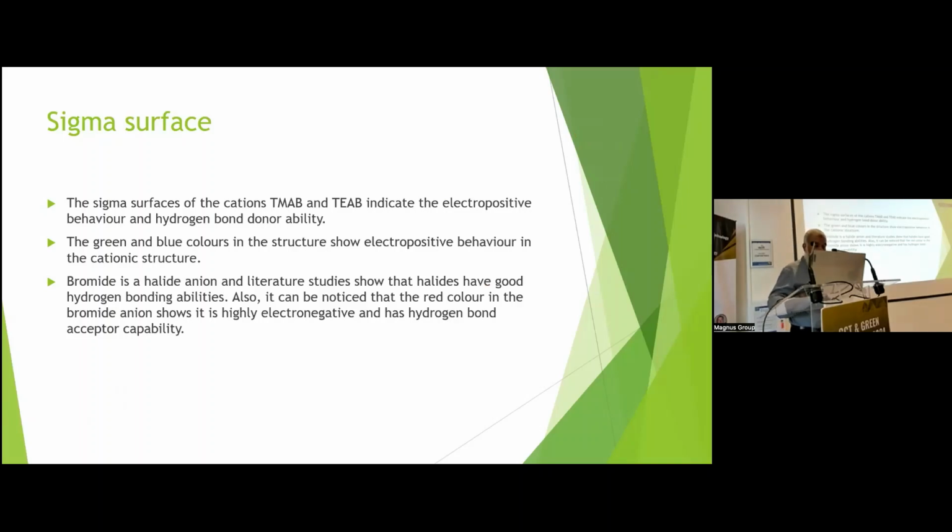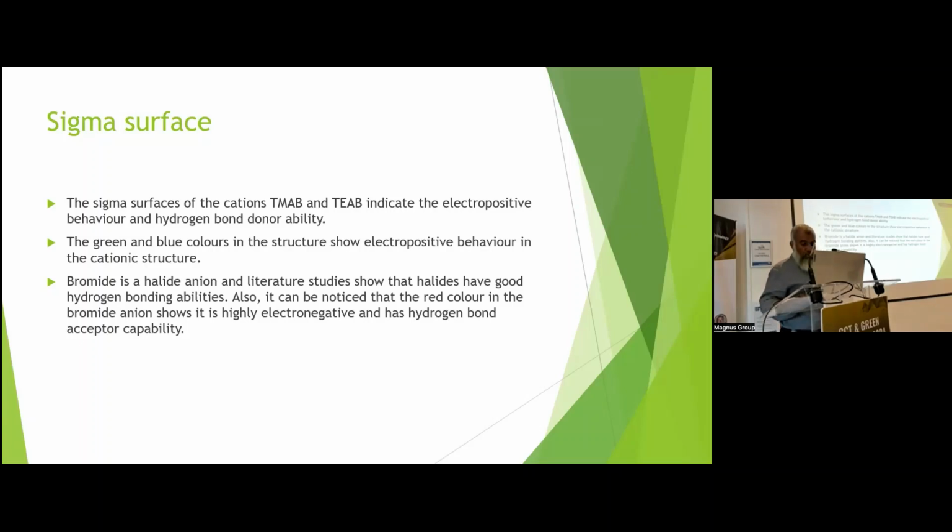Bromide is known as a halide anion, and the literature indicates that halides have good hydrogen bonding ability. That's why this anion is included in this molecule.